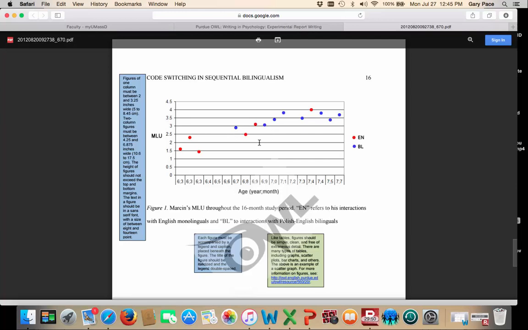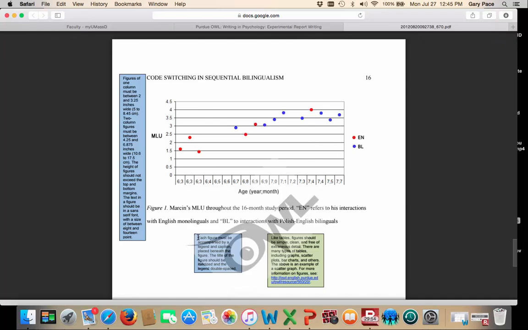You will certainly have a better figure than this. But the important parts with the figures is each figure must be accompanied by a legend and a caption placed beneath the figure.